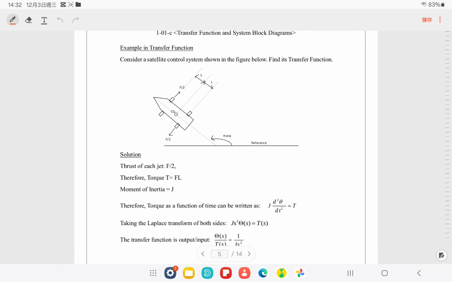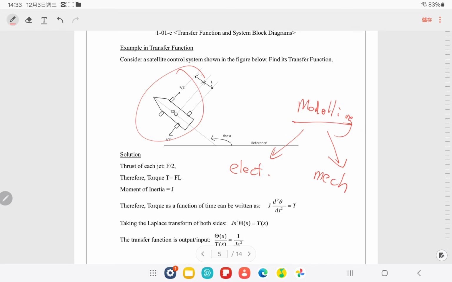Now, this is modeling. There will be one question on modeling, but for modeling, there are two types of modeling. First is modeling of electrical circuit. The other is modeling of mechanical stuff, like this one.